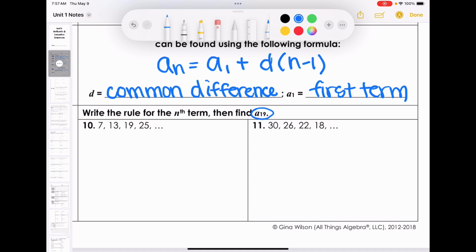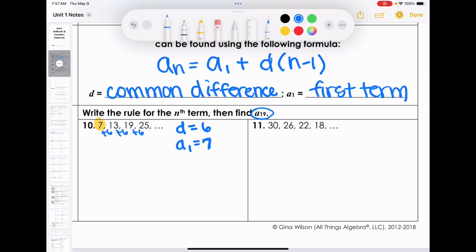So if you look here, we are adding 6 every time. So that means my common difference is going to be 6. And then my first term is just the first term in the sequence, which is going to be 7. You just look at the beginning of the sequence and whatever number comes first, that's your first term.